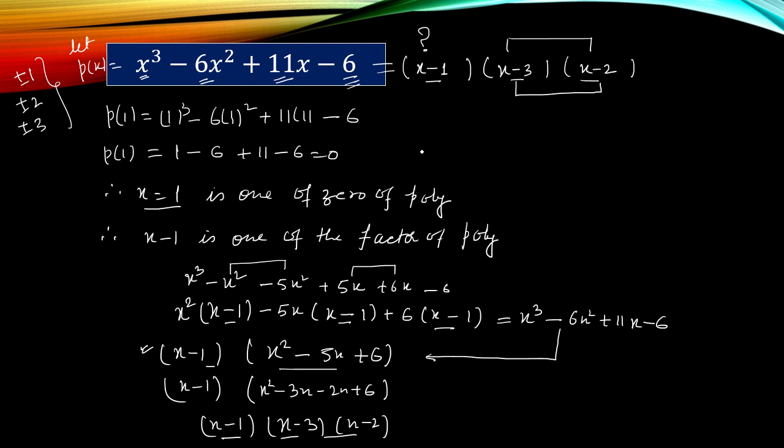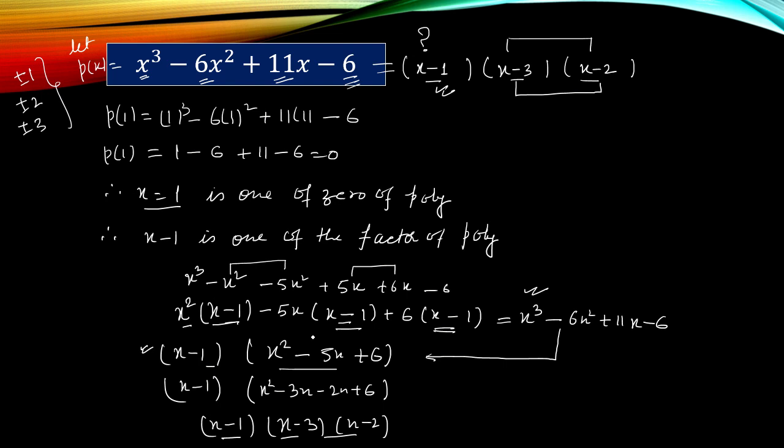So what we are doing in the method, we are getting the first factor with the help of the trial and error method. Writing three times this first factor, and multiplying something in these three x minus 1s, so that we can get the polynomial again.